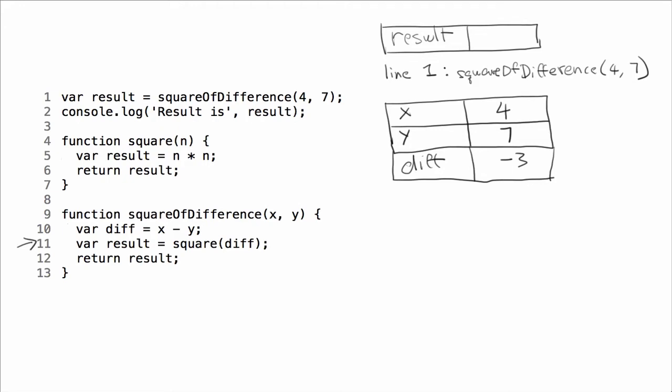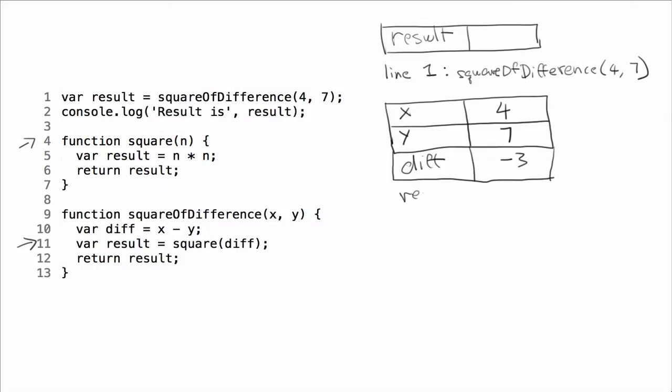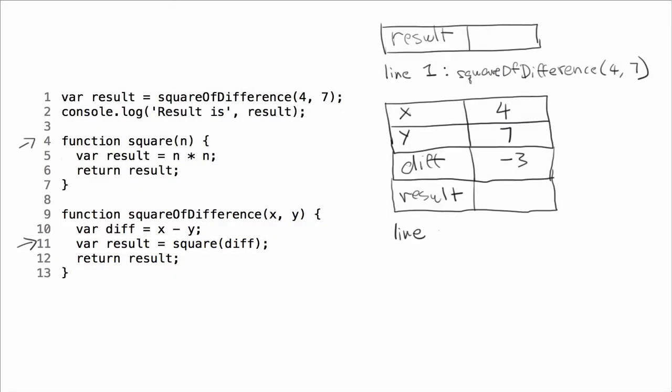In order to find out its value though, we have to make a function call to the square function. So square is declared here on line 4. I will jump the program counter there. But first, let me make space for the result variable. Okay, now I will record the location of this call site, and that's line 11.